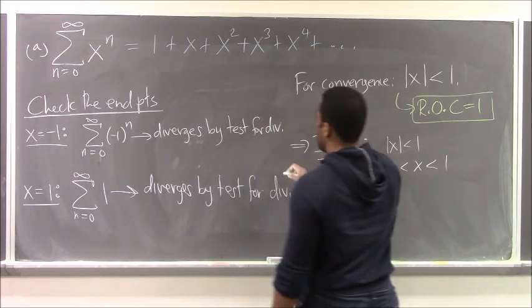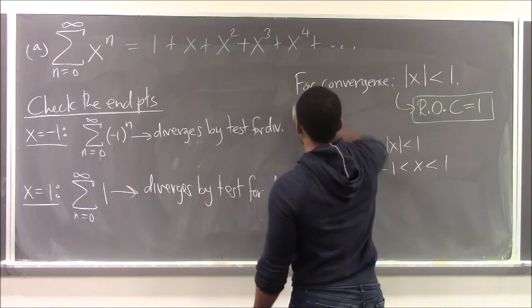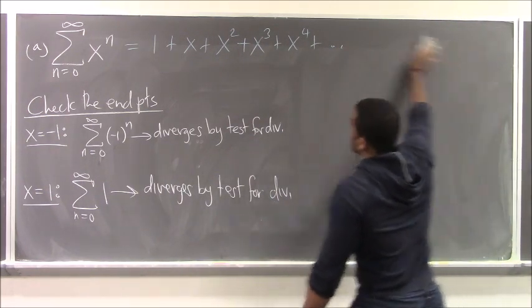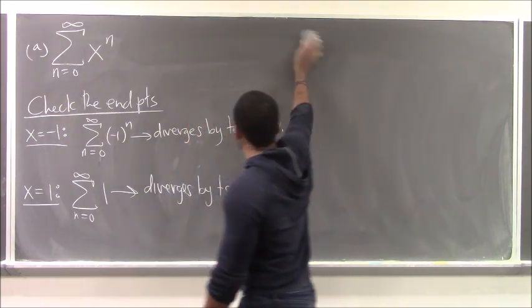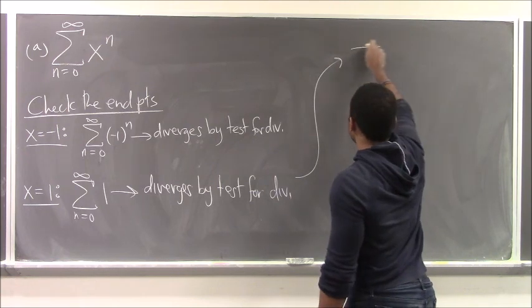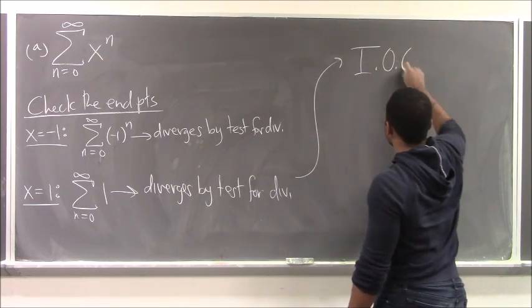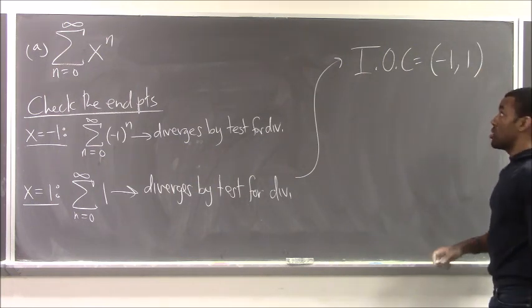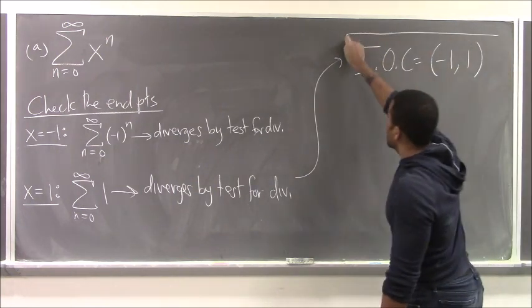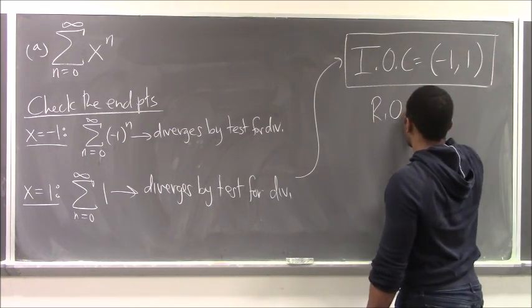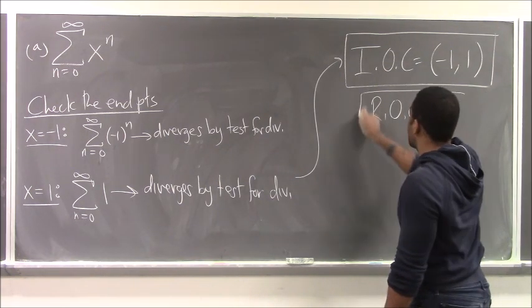And this will tell us that the interval of convergence is just the interval between −1 and 1, not including either one. And your radius of convergence is 1.